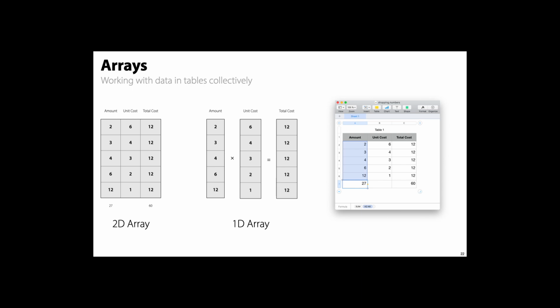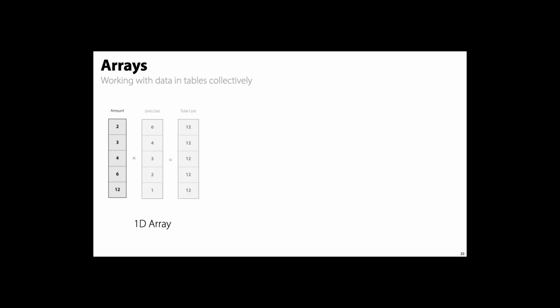Now, how could you do something similar in Julia? We would want a column array, or column vector as we would call it, for amount. This is how you would create it in Julia. This gives us a column vector. And so we do the next part, the unit costs. Pretty straightforward.